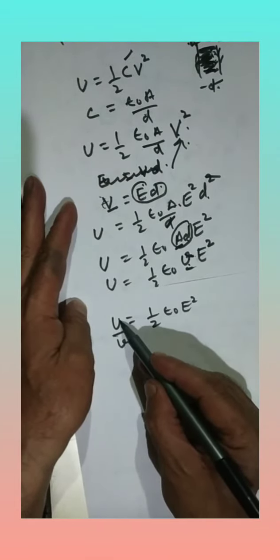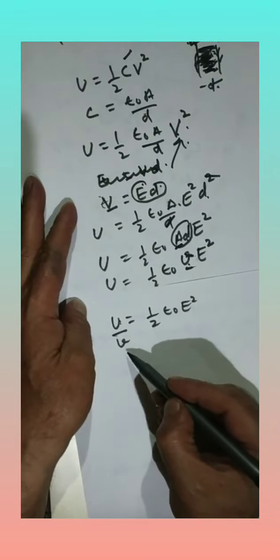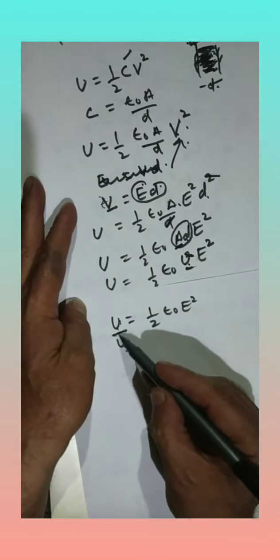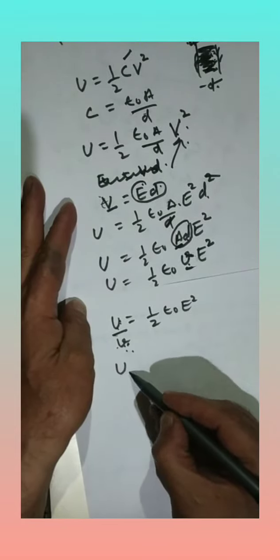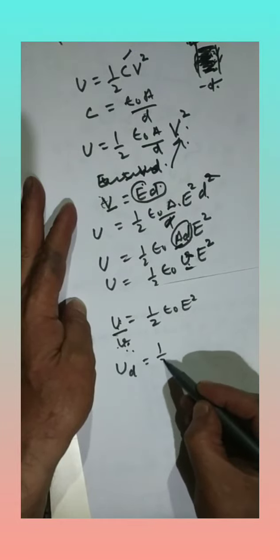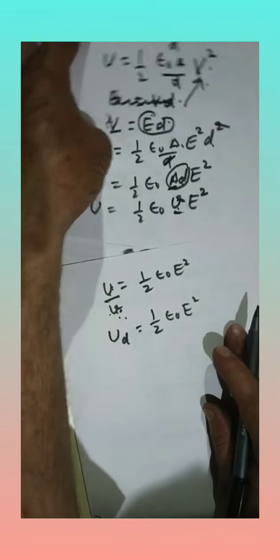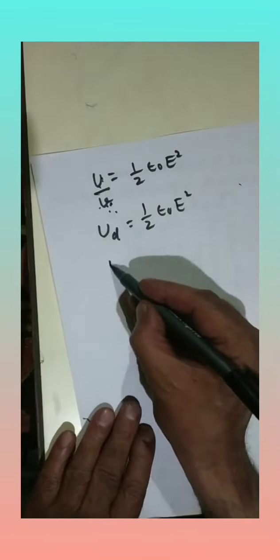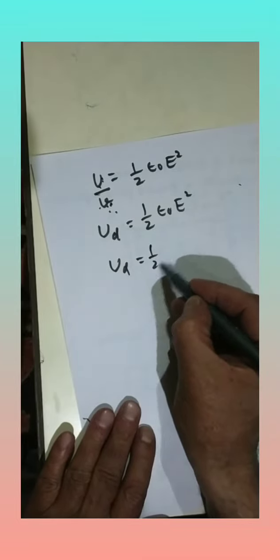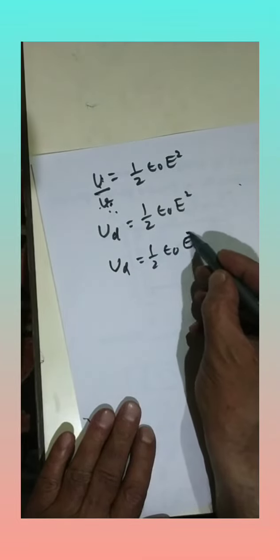Now this U is the energy, the potential energy stored in the capacitor per unit volume, because v is the volume. So it is the energy density UD is equal to 1 by 2 epsilon 0 E square. Now this can also be written as UD is equal to 1 by 2 epsilon 0 E dot E.